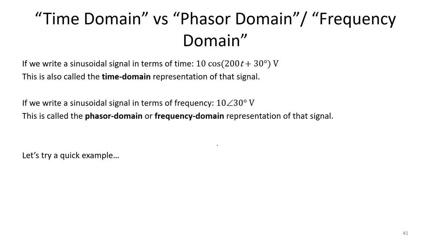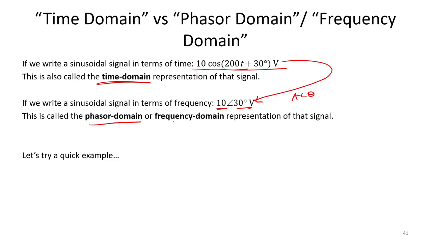Lastly, I mentioned these terms about time domain and frequency domain. Remember, up till this point in the class, we've been writing sinusoidal functions as functions of time. So if you have a sine or cosine with a t term, that is a time domain function. It's a function of time for that signal. If we take this signal and write it as a phasor, notice now we have A angle theta, we have a complex number here.